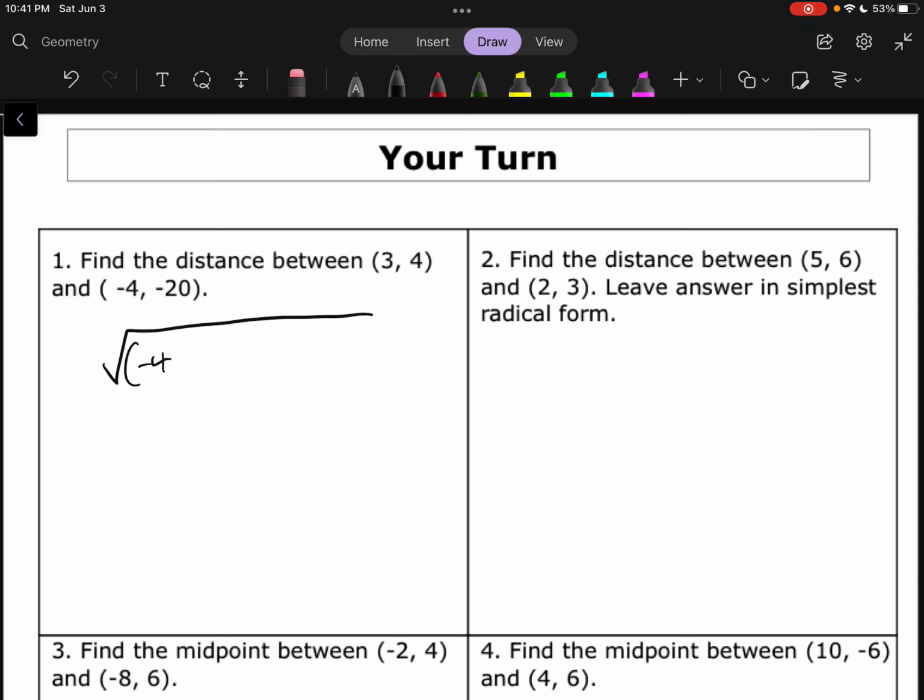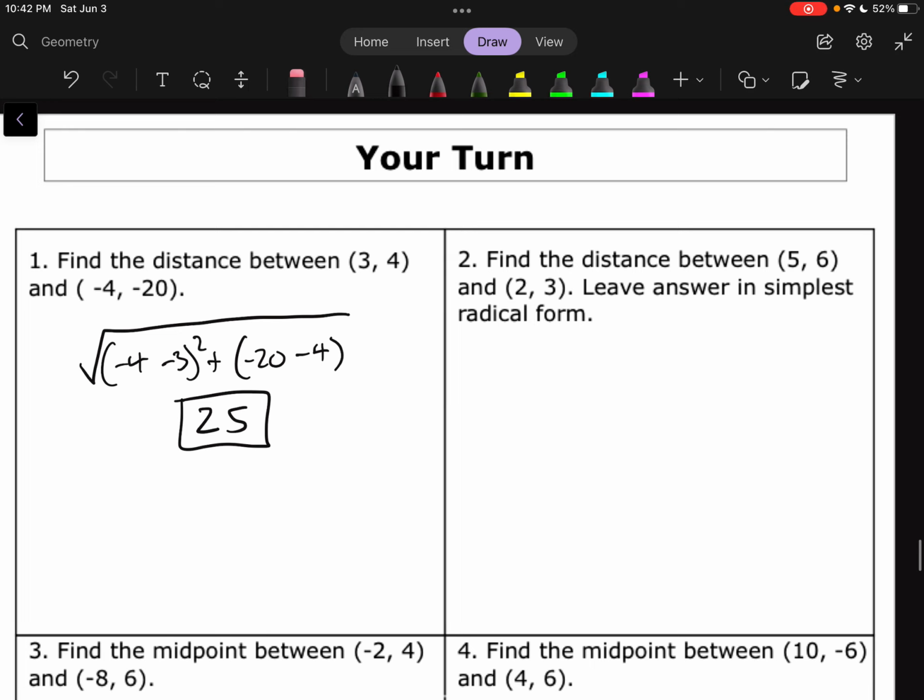I would have done -4 minus 3 in my first one, and then -20 minus 4 on the next one. And I believe if you did that right, you should have gotten exactly 25. That should have been a nice answer. This next one wanted us to leave it in simplest radical form, so we'll have to simplify. That should have been 2 minus 5 squared plus 3 minus 6 squared.